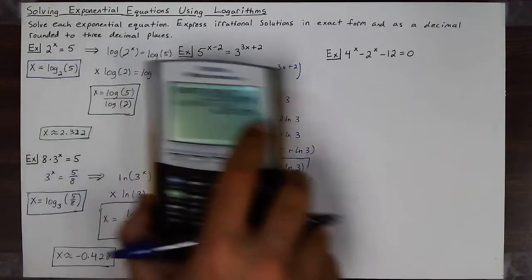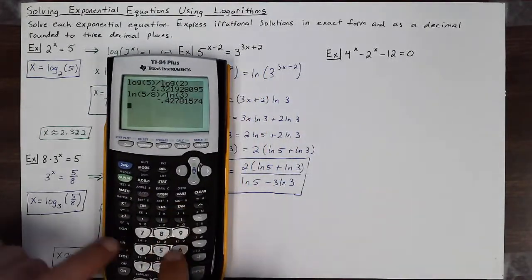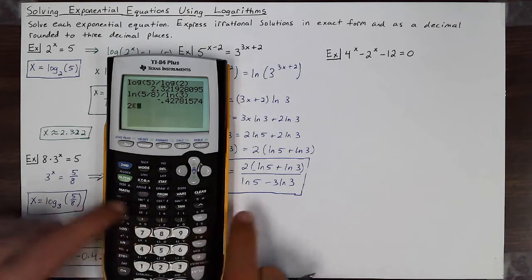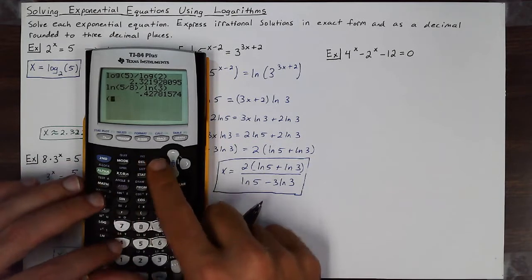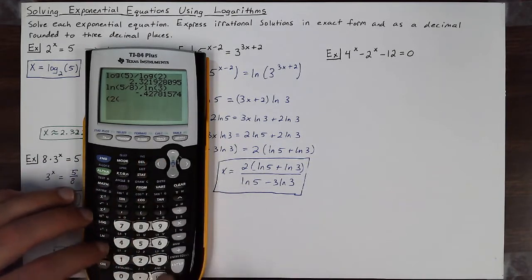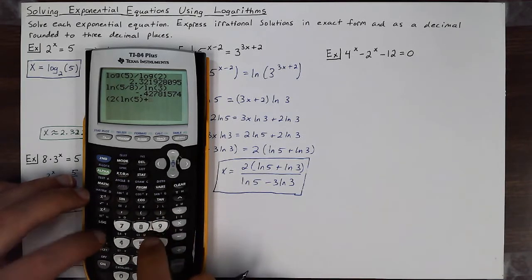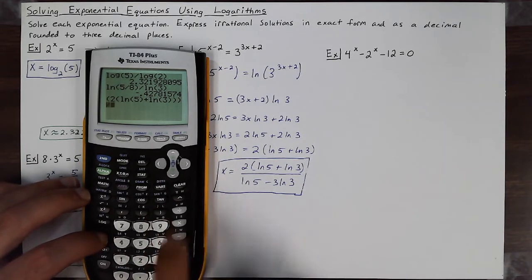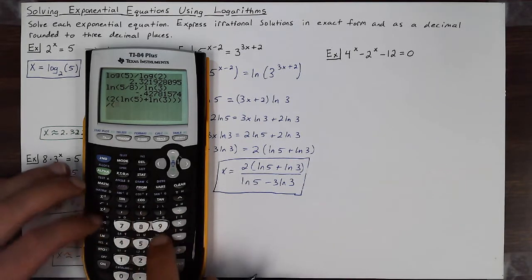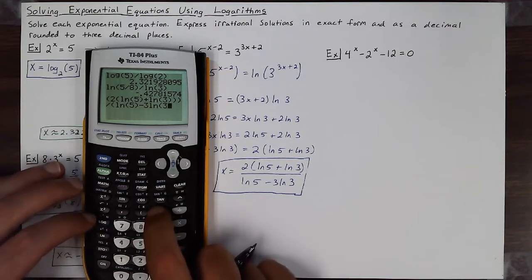But what is the decimal approximation of said solution? We'll put in 2 times, let me put that in parentheses, 2 times the natural log of 5 plus the natural log of 3, and then divided by the natural log of 5 minus 3 natural log of 3.